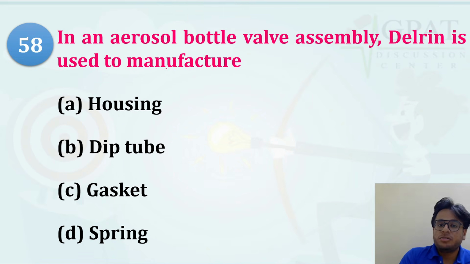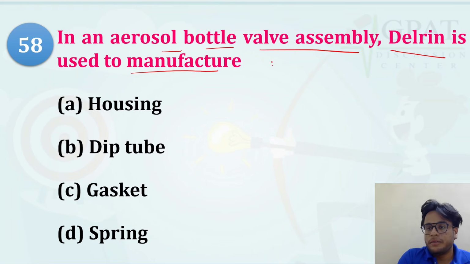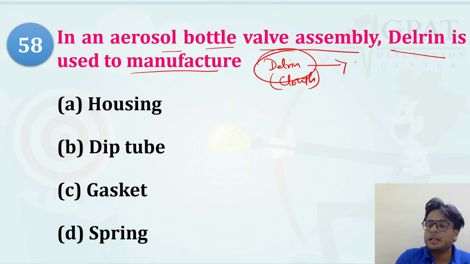Coming towards our next question: in an aerosol bottle valve assembly, the Derlin is made up of or used to make what? We can remember it with the trick: Derlin clothes. It's a brand that makes clothes, and the clothes we wear in our house, we wear in our house.